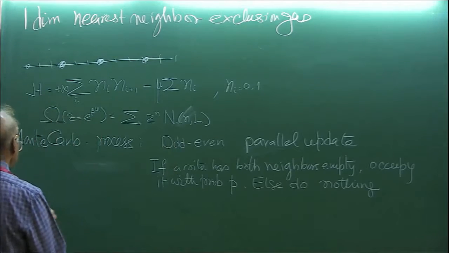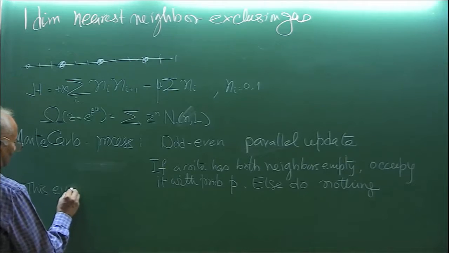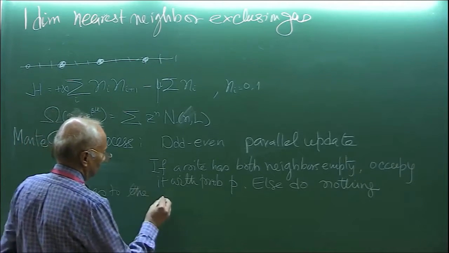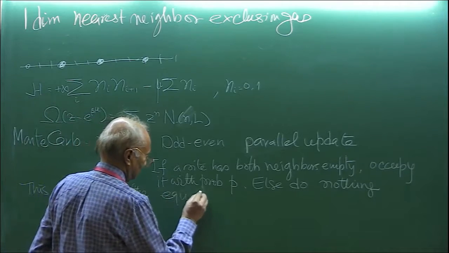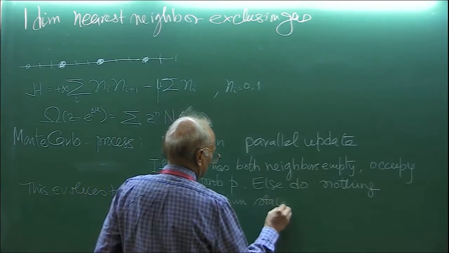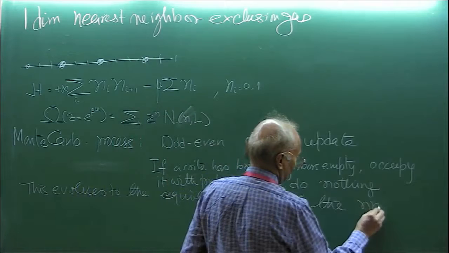The claim is that if you evolve, this evolves to the equilibrium state of the model.